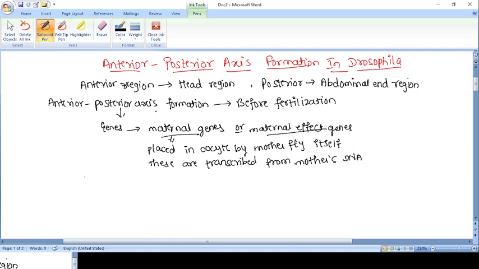Now next we'll see the list of maternal effect genes. There are many maternal genes.